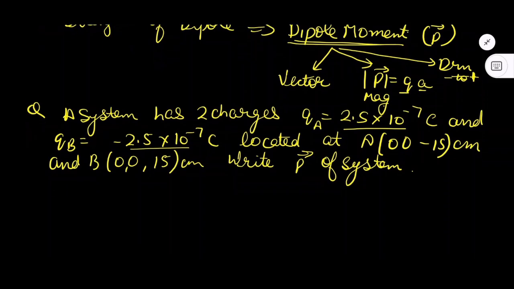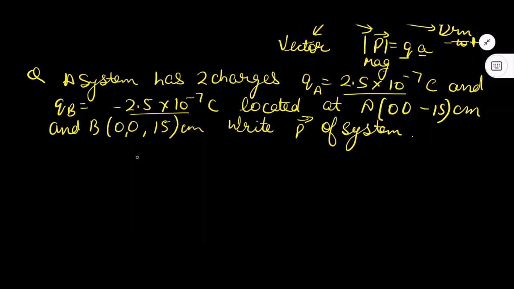They are located on the z-axis, one at plus 15 and one at minus 15. For minus 15 it is QA, and for plus 15 it is QB. So that one is negative and that one is positive.